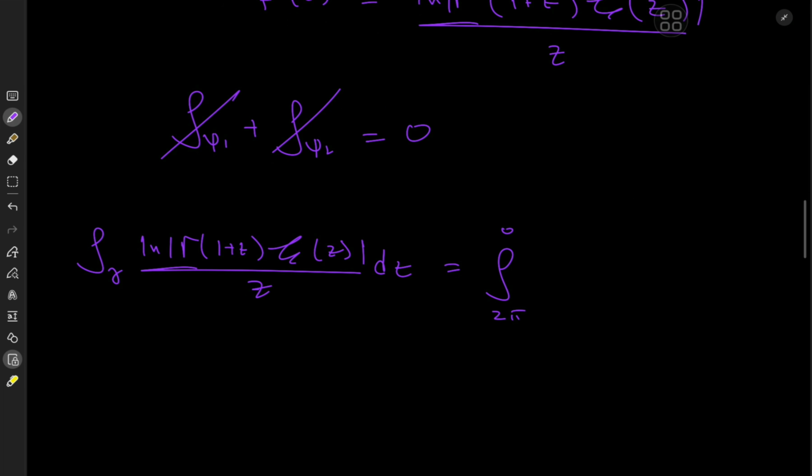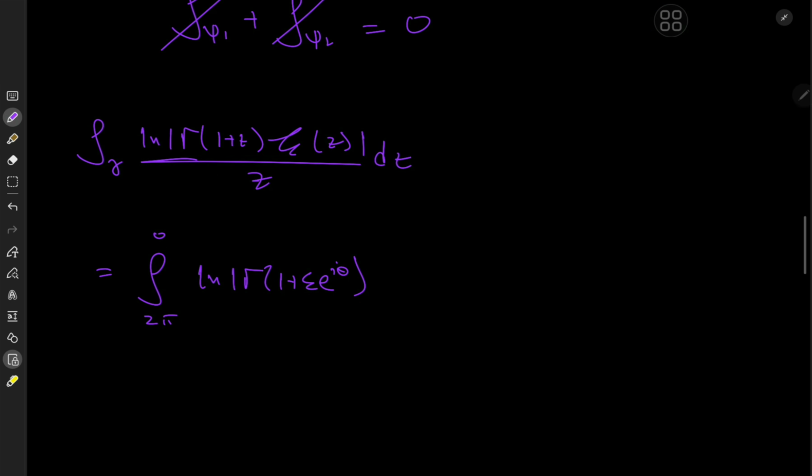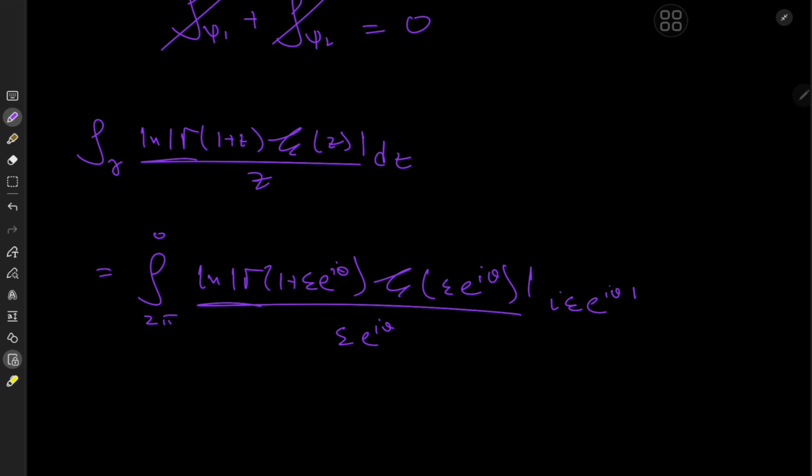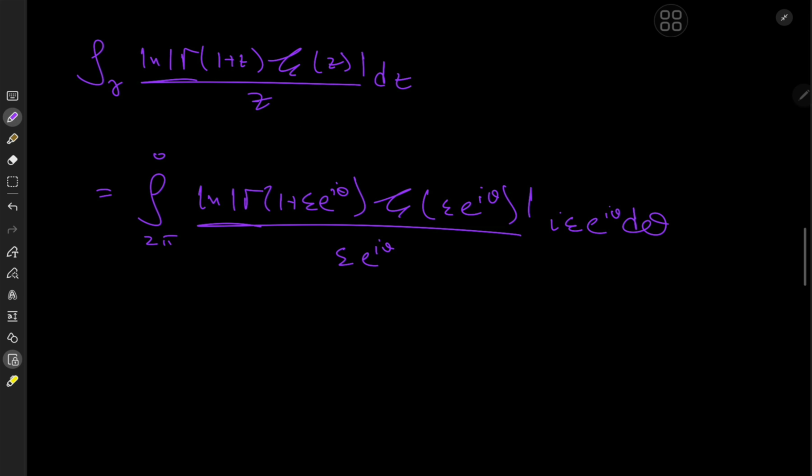So the integral from 2 pi to 0 of log of absolute value gamma 1 plus epsilon e to the i theta, times zeta of epsilon e to the i theta over z, which is epsilon e to the i theta. And if z equals epsilon e to the i theta, on differentiation we should get a factor of i. Epsilon is a constant, e to the i theta d theta.